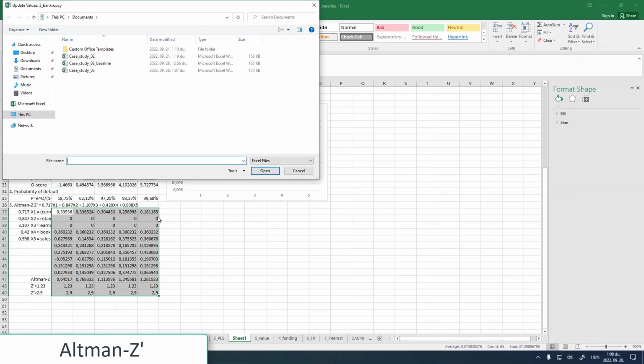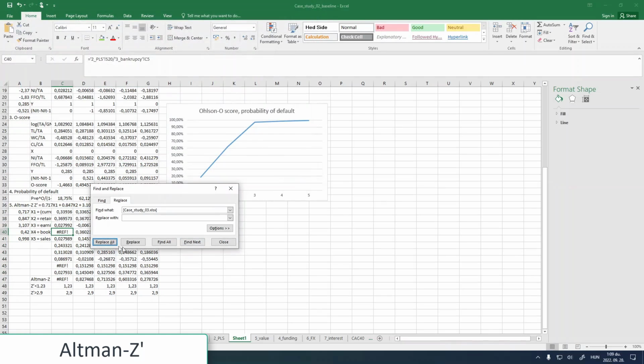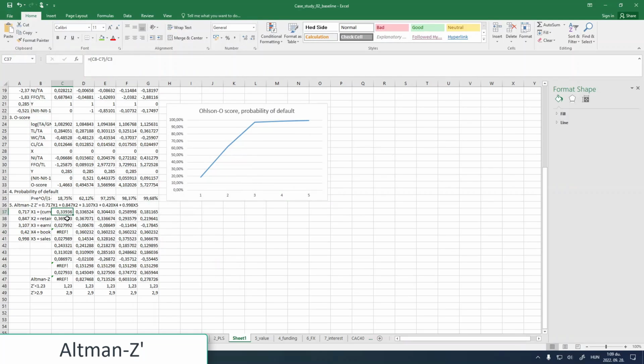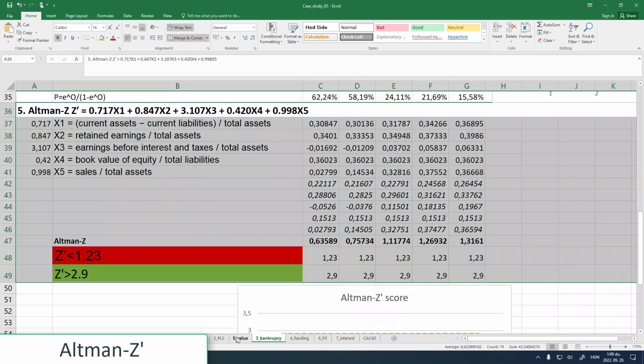We have find and replace. Replace all. Why do you want to update? Oh my god. Because yes, there is a reason, the sheet name is not the same.